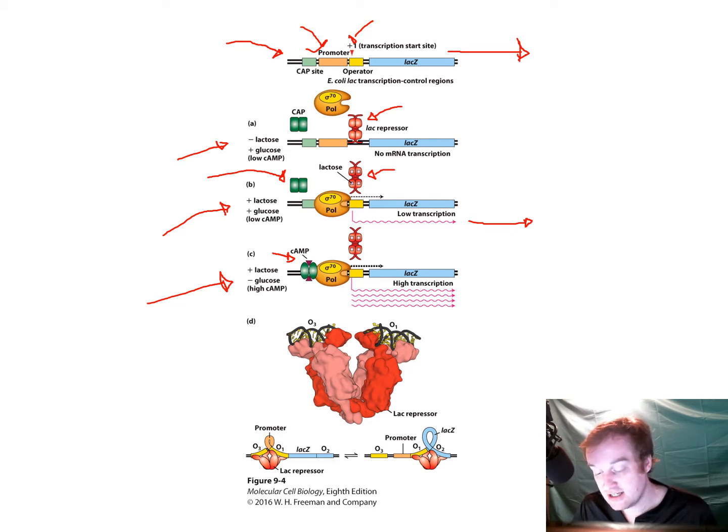In addition, there is no binding of the repressor because there is lactose, so that removes the repressor, and that allows for a very high amount of transcription of this Lac Operon to process all that lactose.